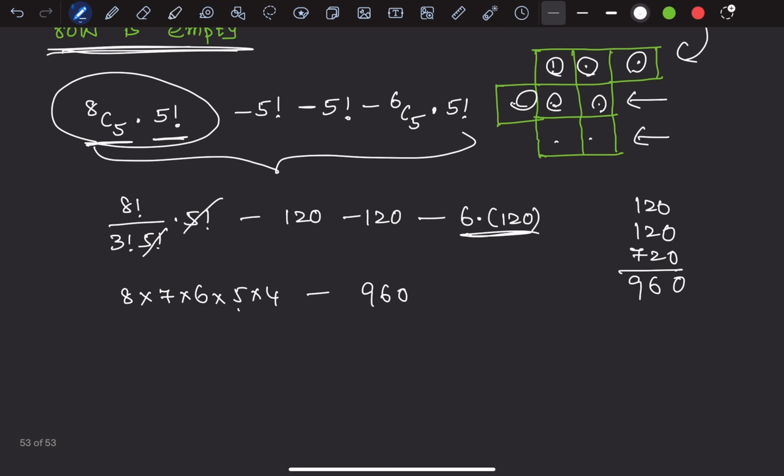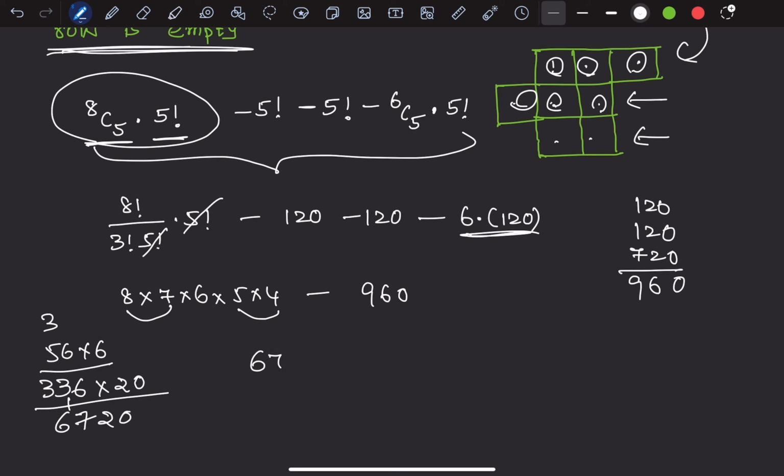So 5 into 4 is 20, 8 7 is 56 into 6 is 336 multiplied by 20, 6720 minus 960. So that is 5760. So this is your answer.